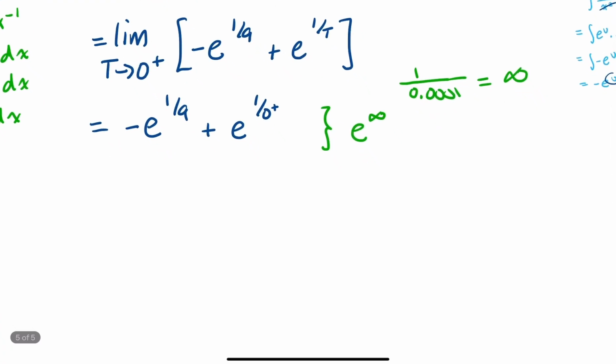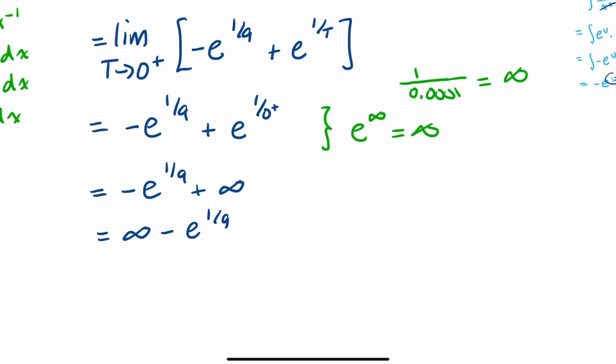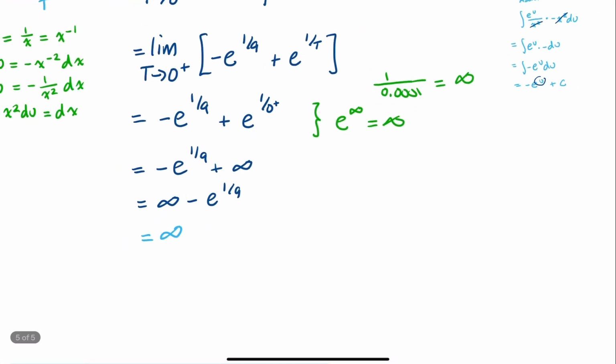And so that means that e to the infinity is also equal to infinity. And so this is just negative e to the 1 over 9 plus infinity, which is the same thing as saying infinity minus a number. And so that's just equal to infinity. And so notice how we got a non-finite number, and so therefore we say that this is divergent.